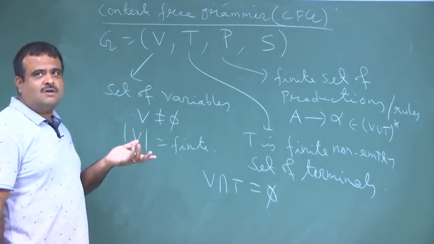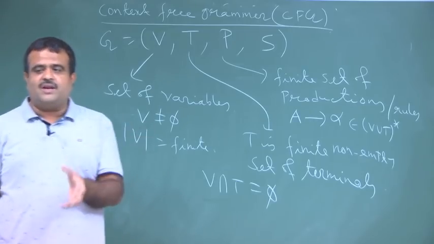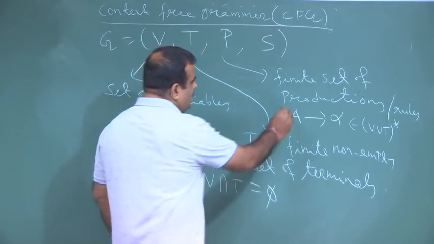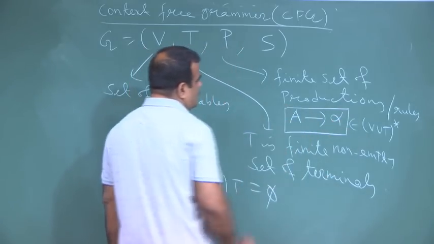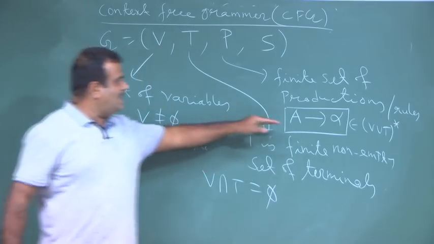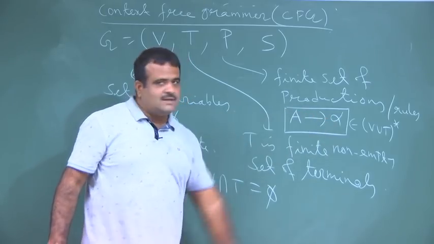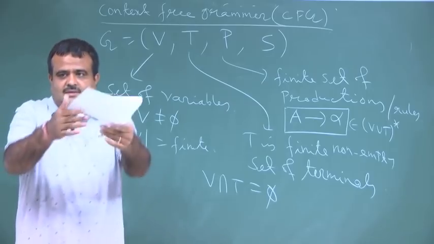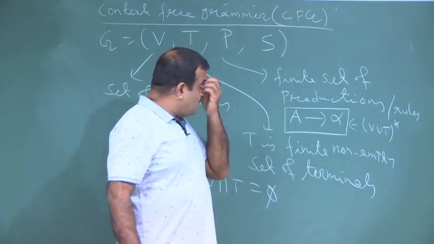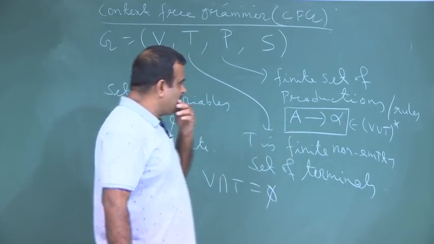Alpha can be any string consisting of variables and terminals, but the left hand side should be a variable A. A produces alpha, this is the rule, and alpha could consist of B, C, then some terminals like this.